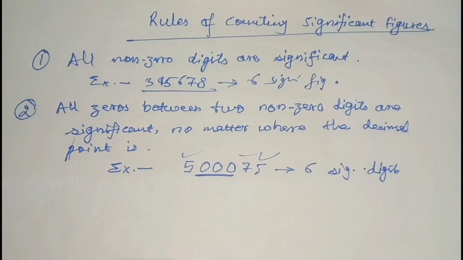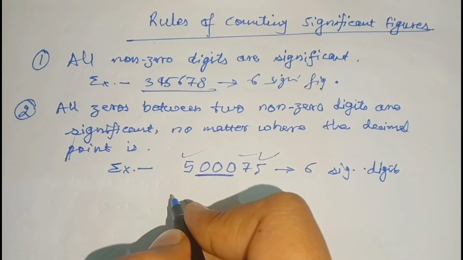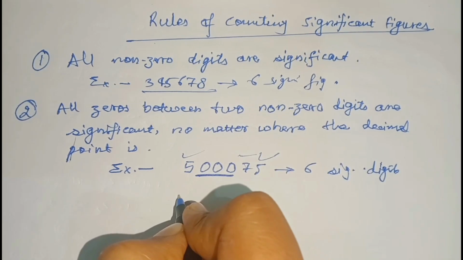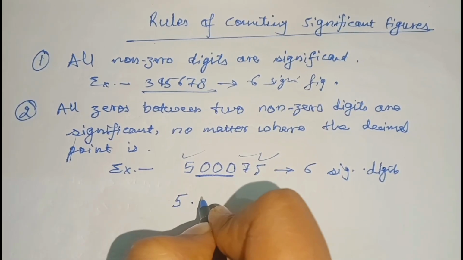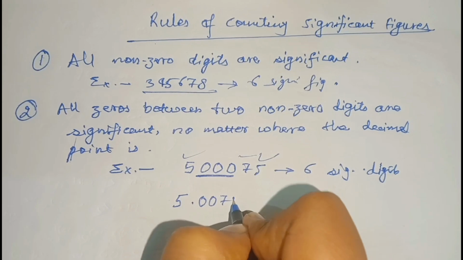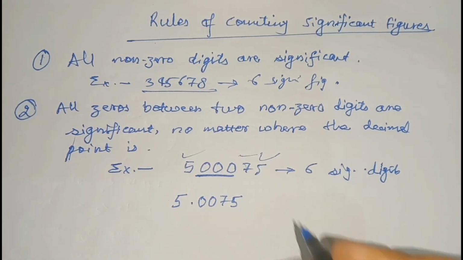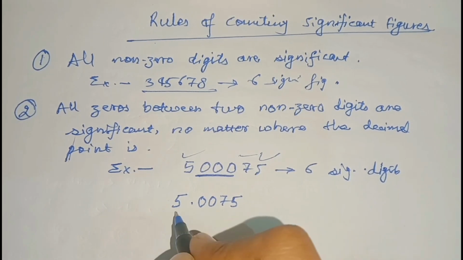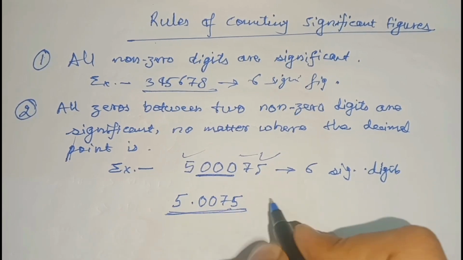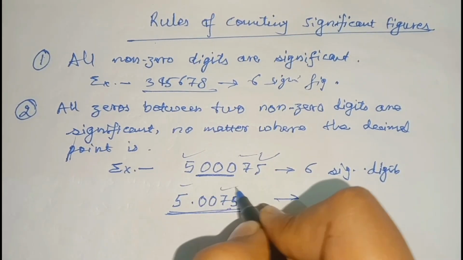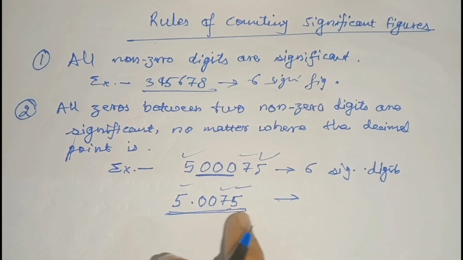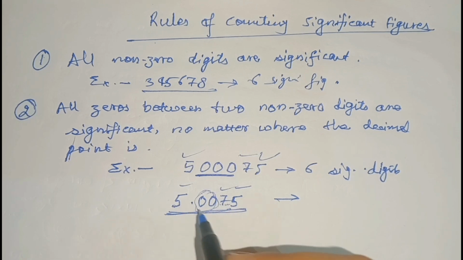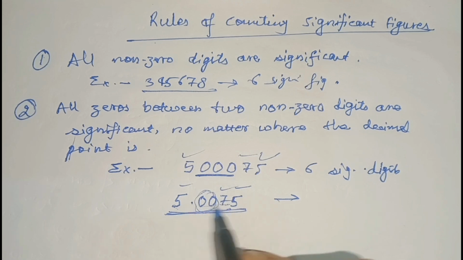Now suppose there is another example, 5.0075. We have to calculate the number of significant digits: 1, 2, 3. These are non-zero digits, so they are significant, and these two zeros will also be significant because they are between non-zero digits. If the zeros are between non-zero digits, they will be significant.